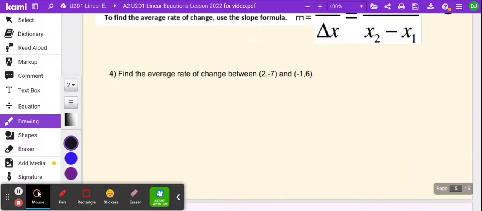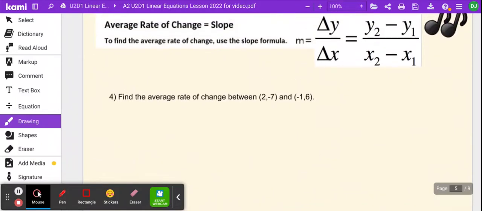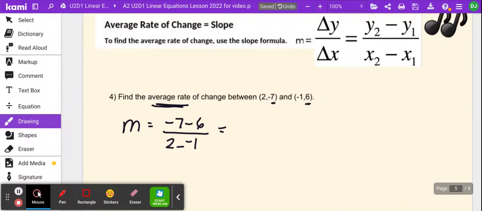So let's take a look. All right, this should be very much familiar to you in a review. When we are looking at find the average rate of change between these 2 points, we're going to use the slope formula. So we're going to go negative 7 minus 6 and 2 minus negative 1. Keep in mind that I want my y's on the top, change in y over the change in x.